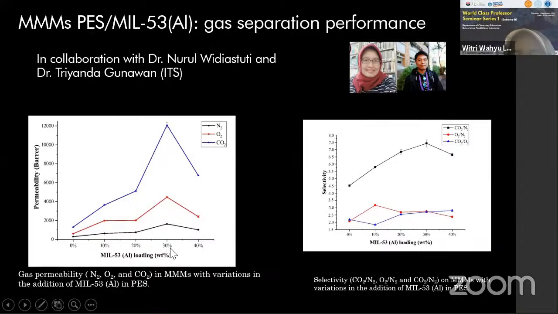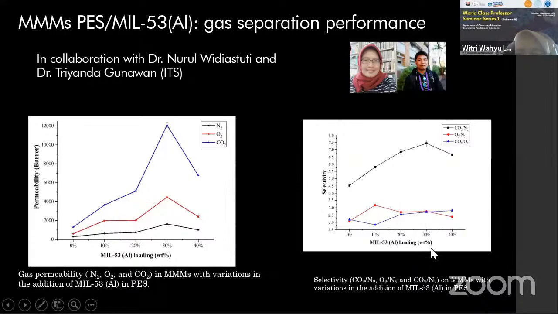I mean, after addition of around 30% of this MIL, the permeability increased. And for selectivity, it is vice versa to the permeability, and the highest selectivity is achieved also when 30% of MIL-53 Al is loaded into this PES.